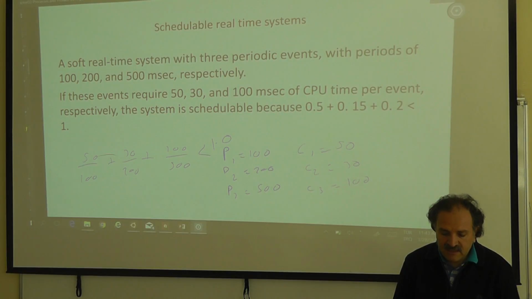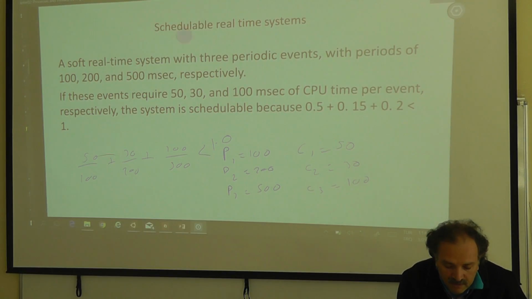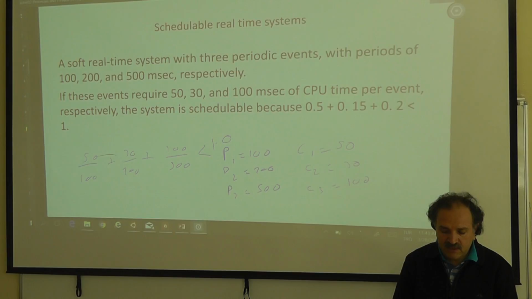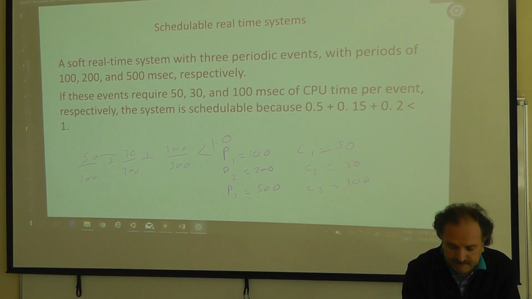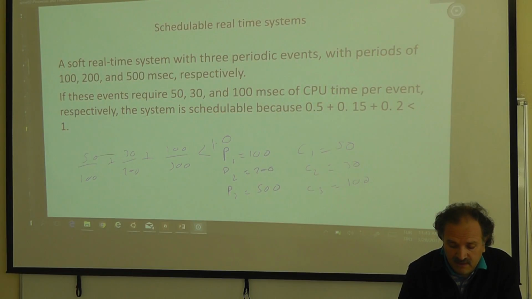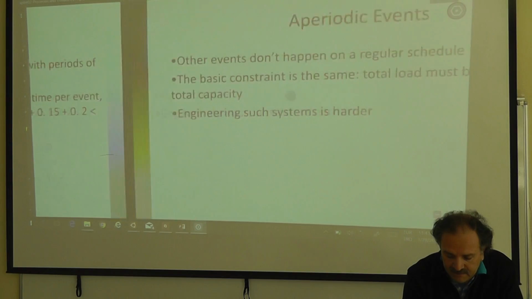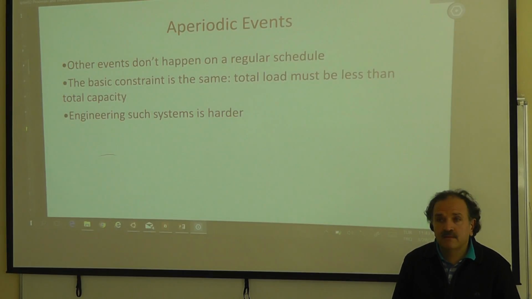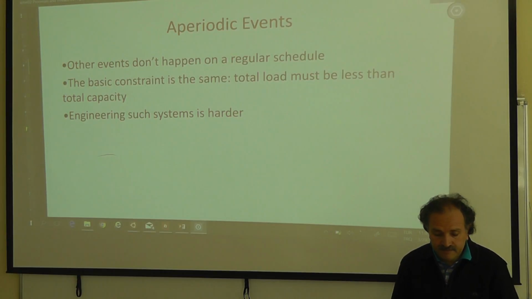So this is schedulable. That's the calculation. That's the formula. It's a very simple formula. Without this calculation, you cannot know if your process is schedulable on a real-time system. Any questions?